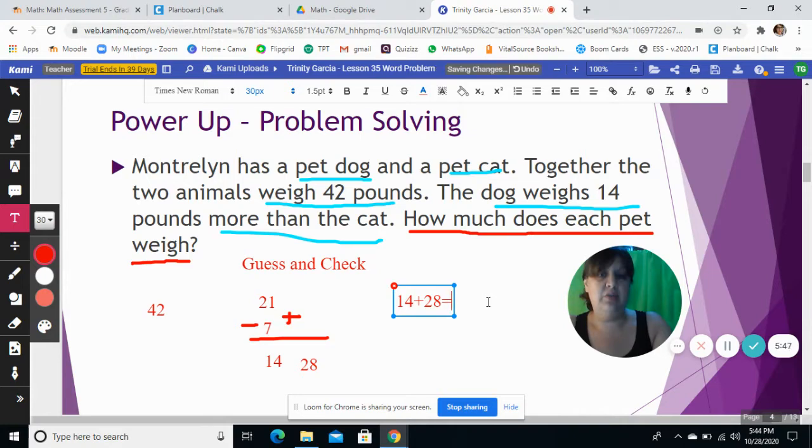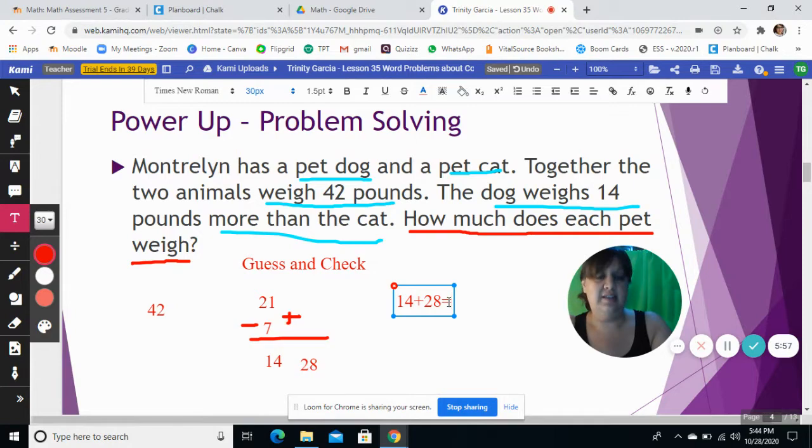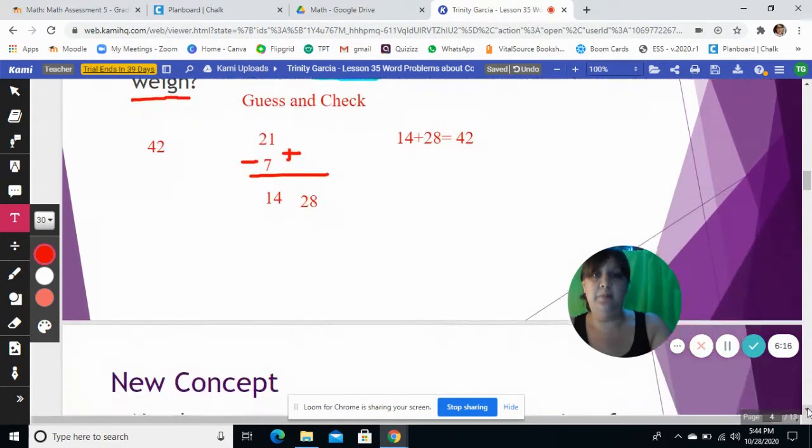We have a 2, and we carry the 1, and then 1 plus 3 plus 1, and so we get 42. All right, so then we've checked our work, and that's the last step of our problem solving. Okay, so all we did is guess and check. We started at a midpoint, and then we added and subtracted half of the amount to get our final answer, and we double checked our answer by using some addition, and there we go.